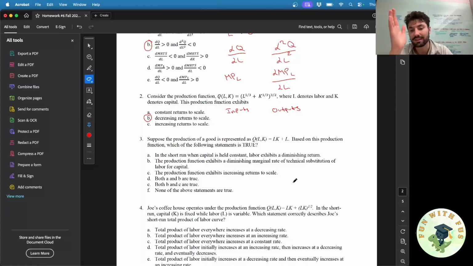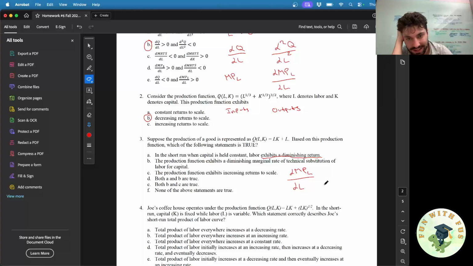It's asking me the curvature of our labor. Like are we increasing at a certain rate? So what I would look at is, this exhibits a diminishing return would tell me that we're looking at this derivative. And we're holding K constant, which would make sense because I'm deriving with respect to L. The production function exhibits a diminishing marginal rate of substitution of labor for capital.